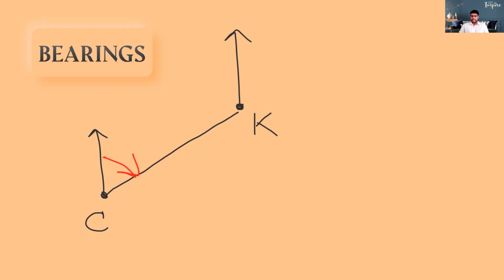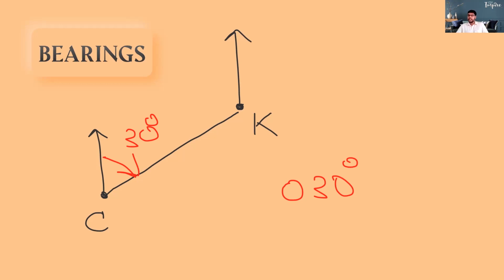Let's say this angle is 30 degrees, for example. Then you can say that the bearing of Kandy from Colombo is 030 degrees. That is bearing. Got it?